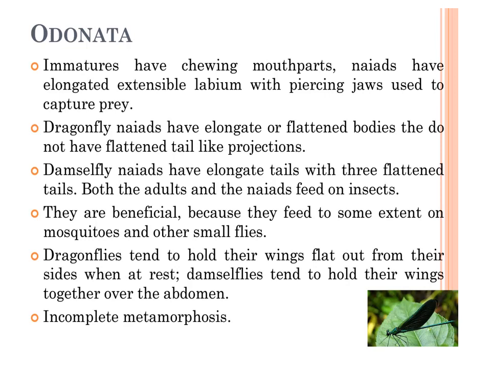How are they different from the Ephemeropterans or other aquatic nymphs? They have a labium which is very extensible, with some piercing jaws in it. The labium also works as a basket like structure.